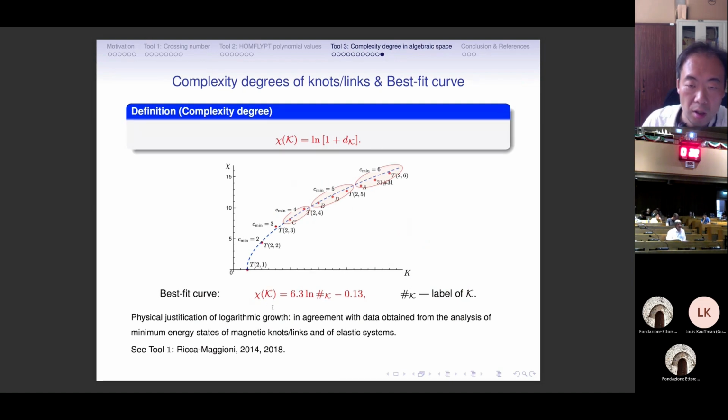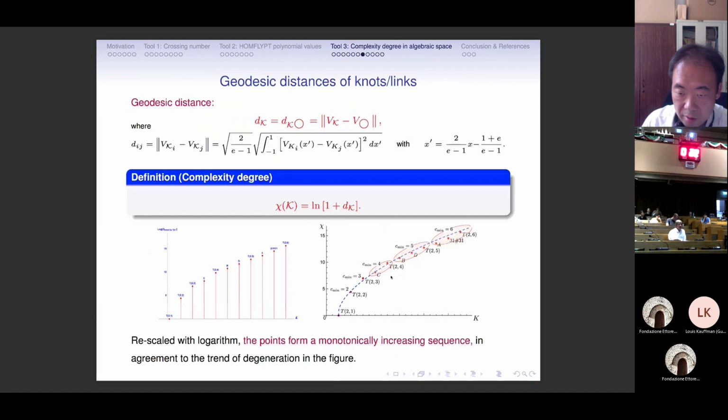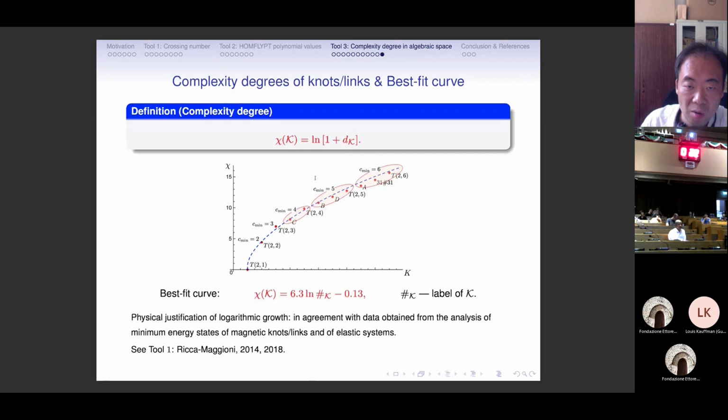Okay, I have to stress that this line, which I showed here, comes from the definition of complexity degree. It is a kind of logarithmic curve. We can do a best fit curve for that.